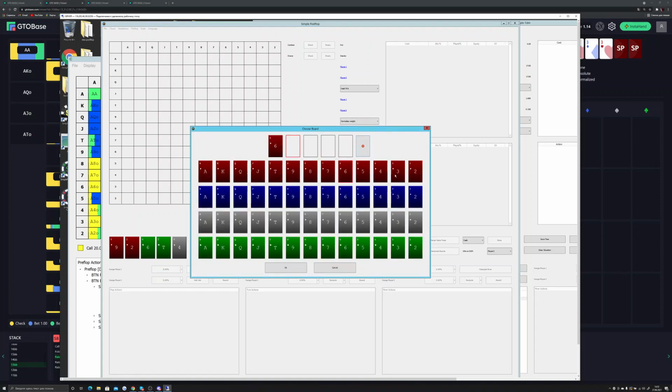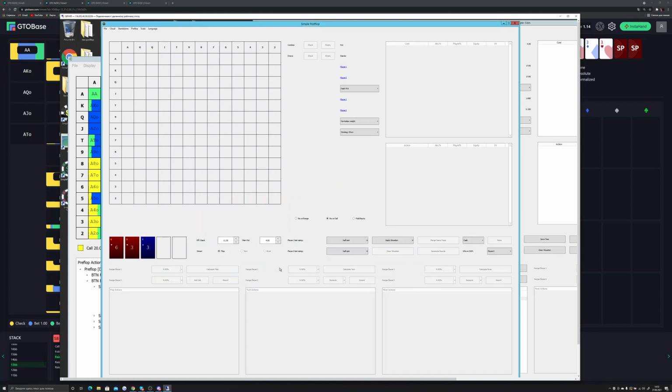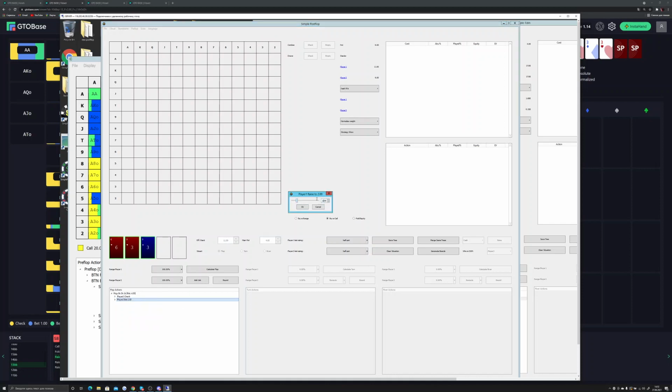Board is 6-3-3 with a flush draw. And then we only leave one option for our opponent, which is a block bet, and we assume that he block bets 100%. We remove the check option and he's only left with a small bet. So he has to use it 100%.